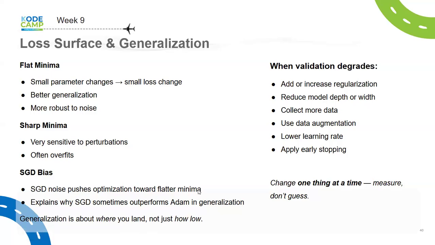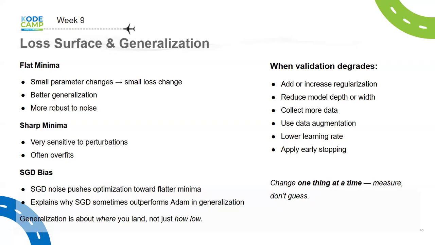If you have a loss surface that is made up of flat areas as well as very sharp spiky areas with deep local minima and very tall maxima, it will tend to push optimization towards flatter minima, which is more stable and more robust. So that's why in some kinds of problems, SGD will do better than Adam as an optimizer.